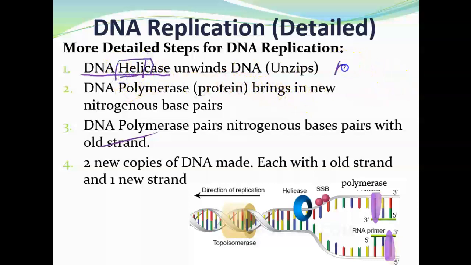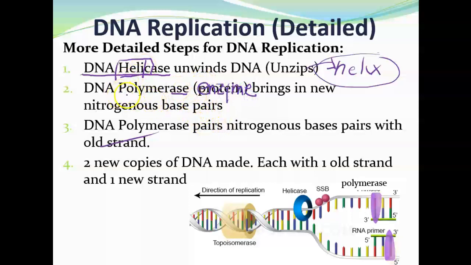So it takes the DNA double helix and it unzips it, okay? So it unzips this. That's why it's a helicase. ASE endings are enzymes. So in this case, DNA polymerase. It says protein, but in this case, it's a special protein. It's an enzyme.